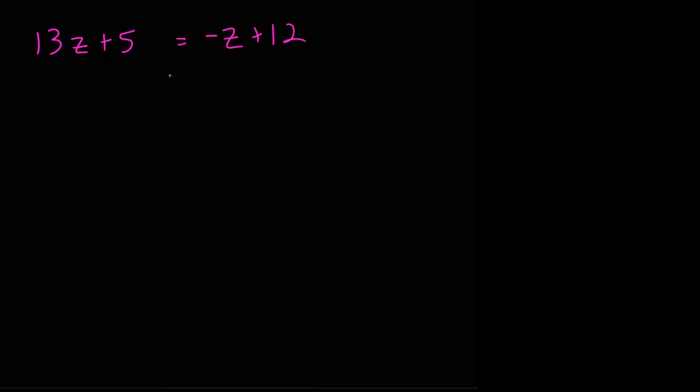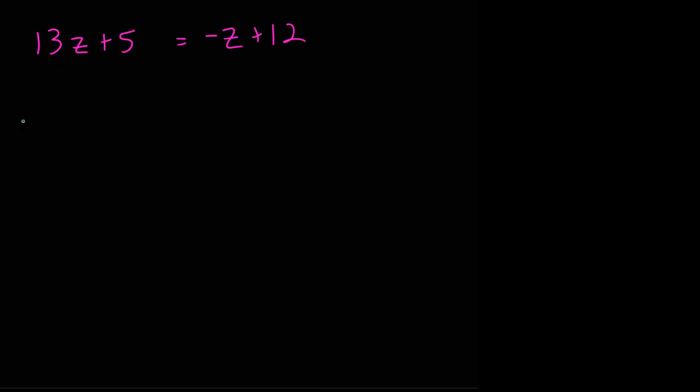And what we want to do is get this into a linear form. We want the variable on one side. Now, again, it does not matter which side I take the variable to, but I don't like having negative variables. So I usually look where the biggest positive coefficient for the variable is, and I try to move over there.